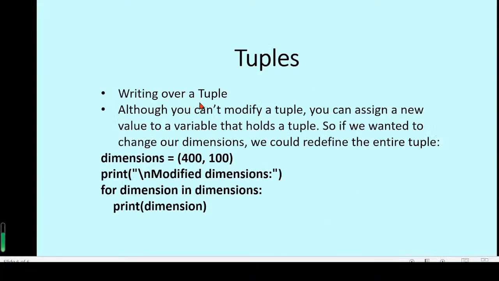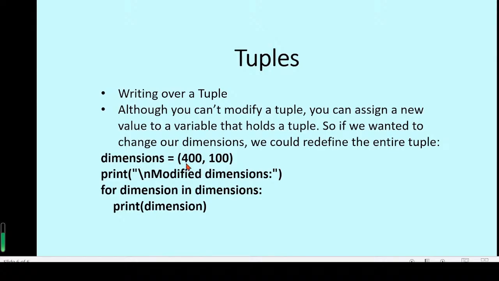Writing over a tuple: although you cannot modify a tuple, you can assign a new value to a variable that holds a tuple. So if we want to change our dimensions, we could redefine the entire tuple. So this is the original tuple. This is the new tuple we defined.